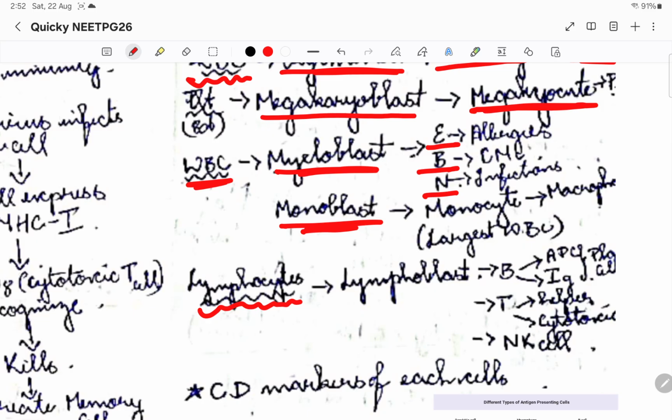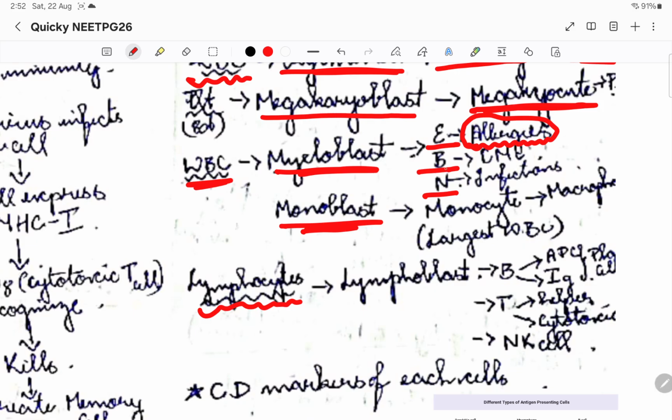Okay, so what are the functions of these eosinophils, basophils, and neutrophils? In allergies, mainly we can see eosinophilia, right? So IgE and all these things, and an eosinophil rise will be there when we see an increased amount of allergies and all these things; we'll suspect eosinophilia.